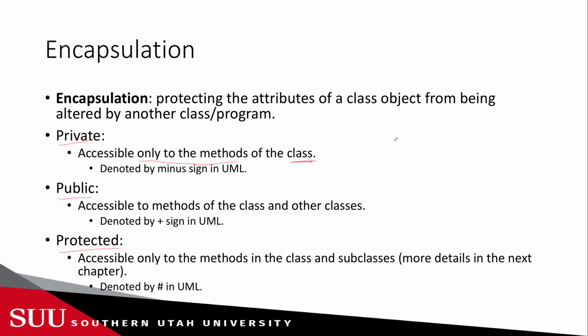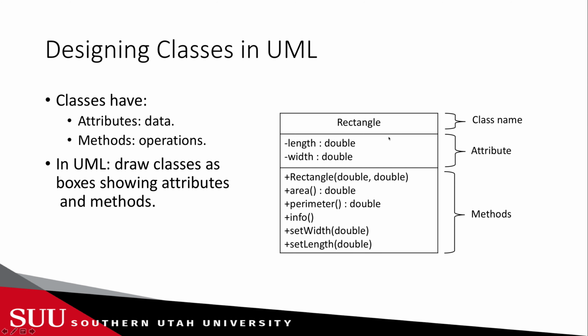If I try to access them from the driver class or the demo class, we will not be able to do so. Now this is going to be denoted by a minus sign in UML. You recall that we've seen minus signs here, which are basically telling me that those are private.